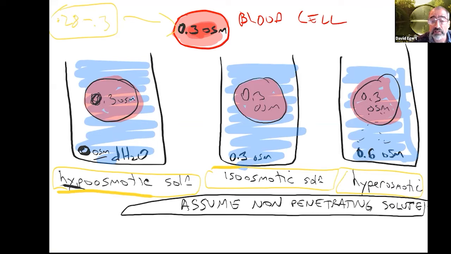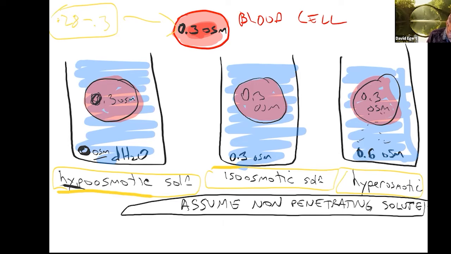In fact, in our lab next week, we're going to be working with some penetrating solutes like glycerol and urea. But for right now, what's an example of a non-penetrating solute, something that can't cross the membrane without help? Ions. Exactly, ions. Sodium chloride is a non-penetrating solute. What's another non-penetrating solute? Glucose, a big polar molecule. So if we're talking about those kinds of things that can't cross the membrane, then that's the situation we're in.